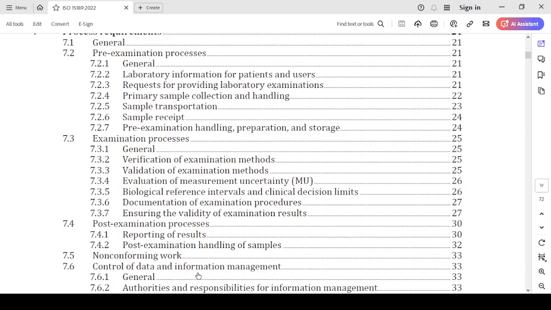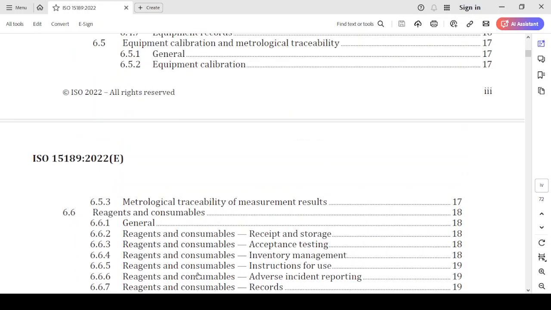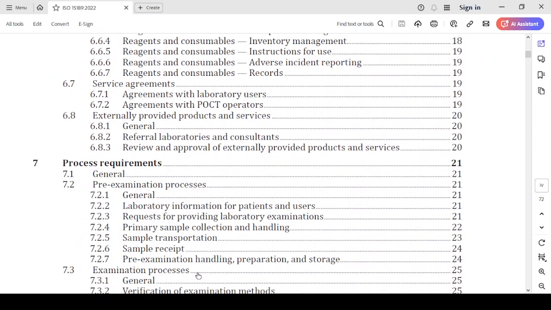So next week, that is when we are going to handle the next clause. From there, every week we shall be tackling one clause at a time, and we shall look at it in detail so that you understand the requirement, and then we talk about what is implemented and how you can support the labs to implement the requirement.